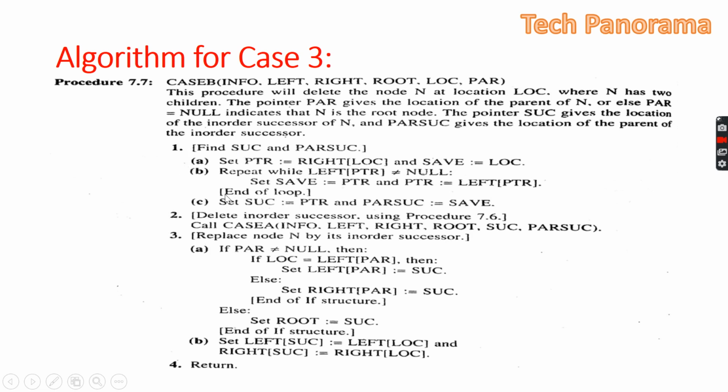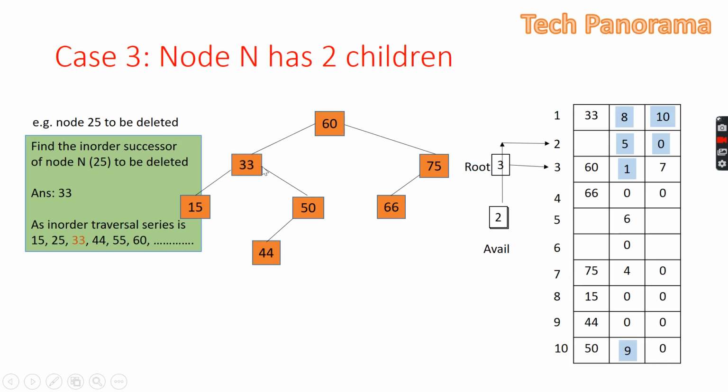This is used to find the in order successor of the node that we are going to delete, right? So ptr will point to the location's right, because there is no need to find the complete in order traversal. We just have to find the next successor. So the next successor will be found from the right of that location that is going to be deleted. So in the previous example, first we want to delete the 25. So its successor will be found from the right part.